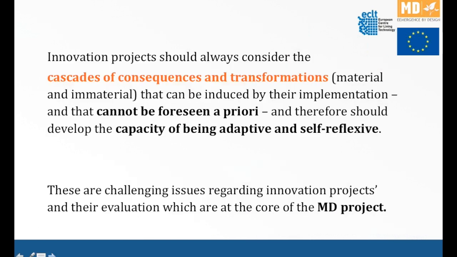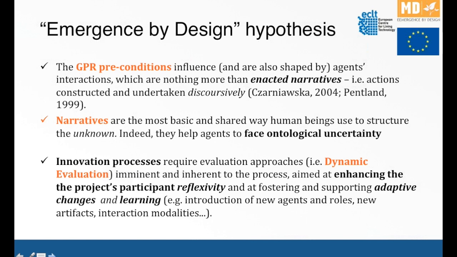Okay. And then the other, let's say, critical point is that of the cascades of consequences and transformation that similar processes induce, that cannot be foreseen a priori. So such processes have to be constructed and designed in such a way that they can develop a capacity of being adaptive and self-reflexive.